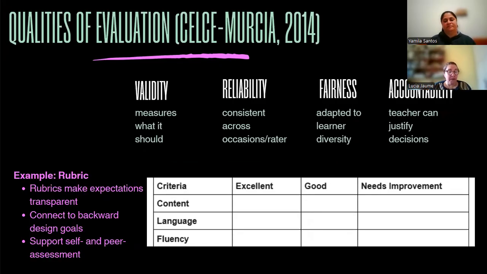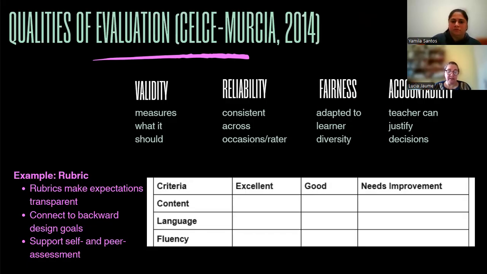But not every evaluation is good. Celce-Murcia emphasized four important qualities. First, validity. Does it really measure what it is supposed to? For example, we can't test speaking with a multiple choice exam. Second, reliability. Are results consistent?